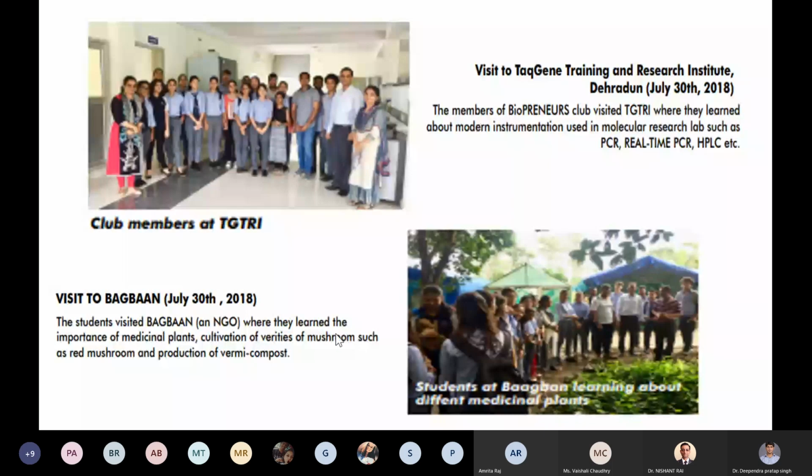Then after that, we had a visit to Bhagwan, which was nearby on the way to TGTRI, and there the students saw medicinal plants and various other types of mushrooms like red mushrooms, and biofertilizers, for example vermicompost. Biofertilizer is on the rise because farmers' land is becoming infertile from using more and more chemical fertilizers.